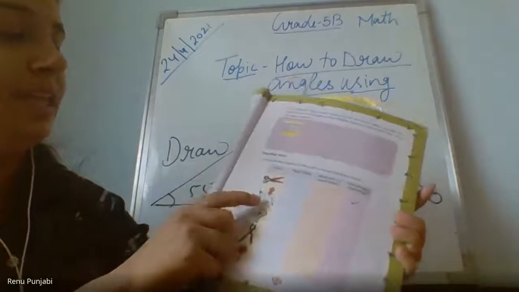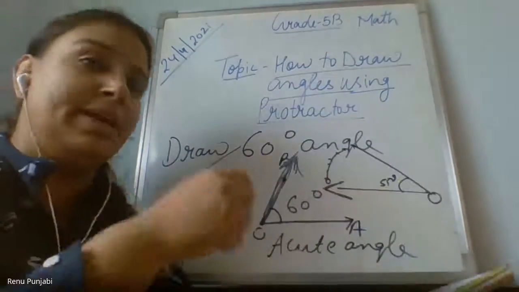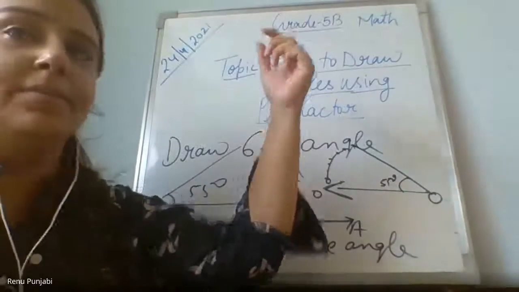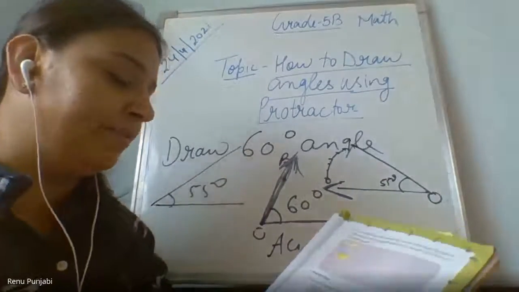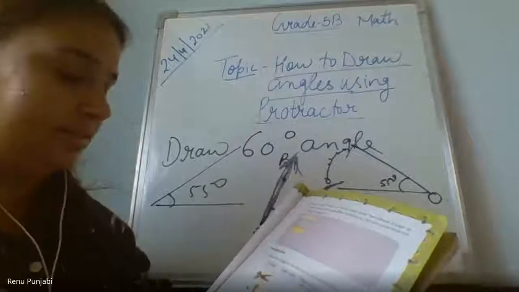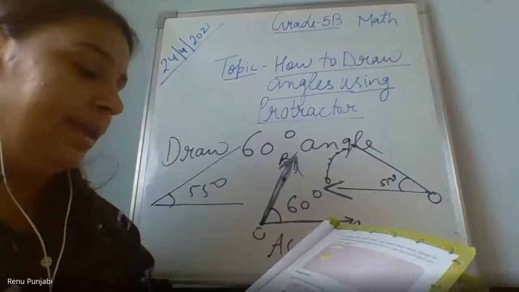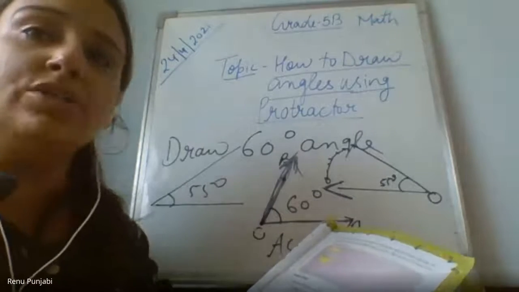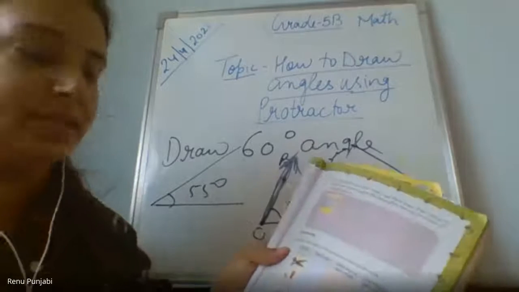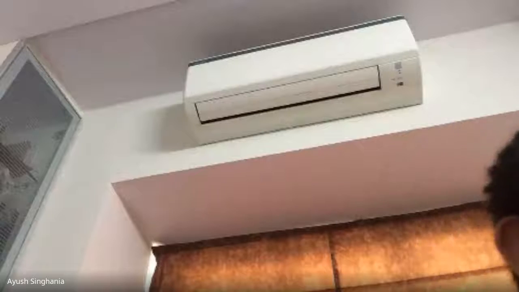Please pay attention here. In the next picture, a man is making an angle here in the arm. So which type of angle is it? Right angle. Observe it properly. Next is the kite also. They're making some angle.